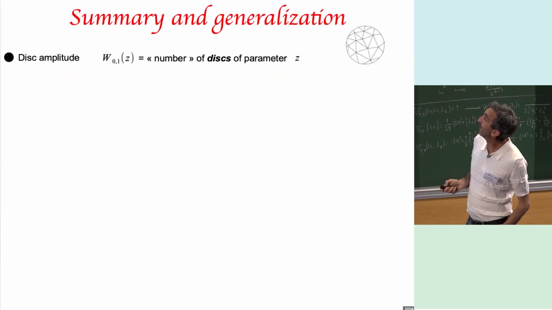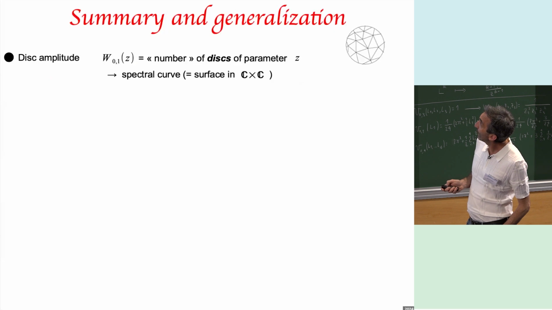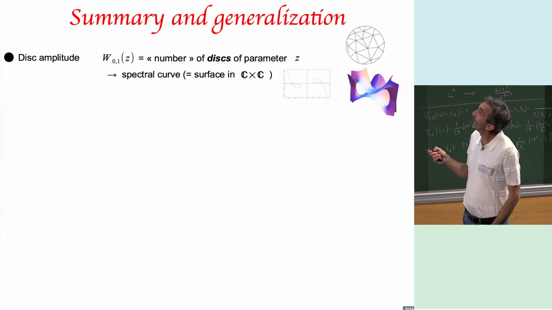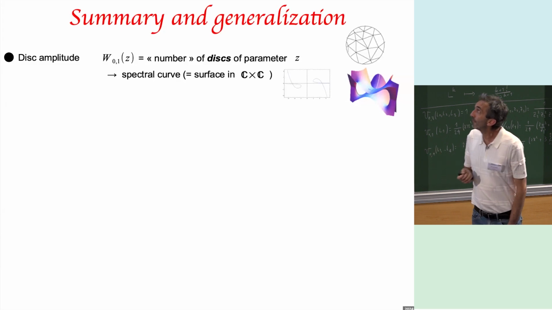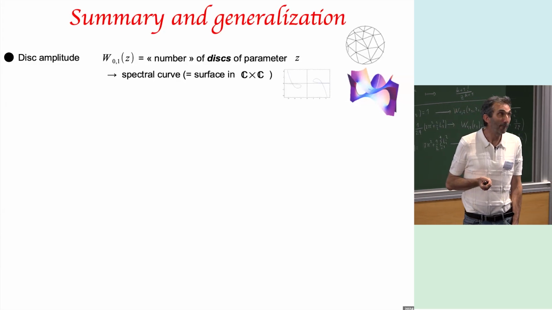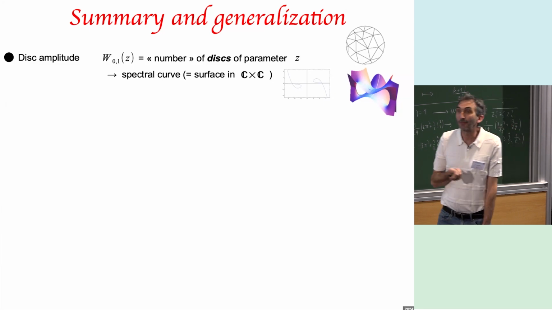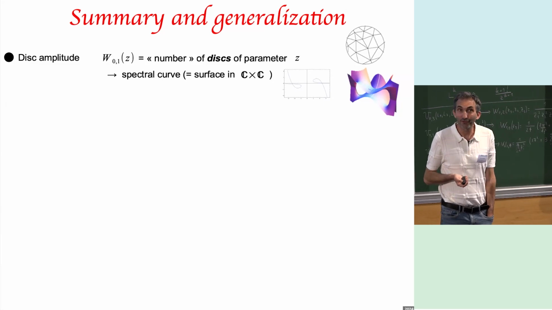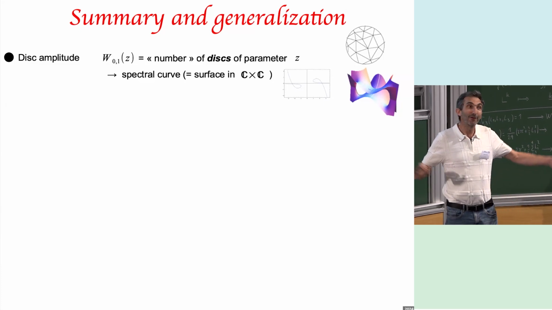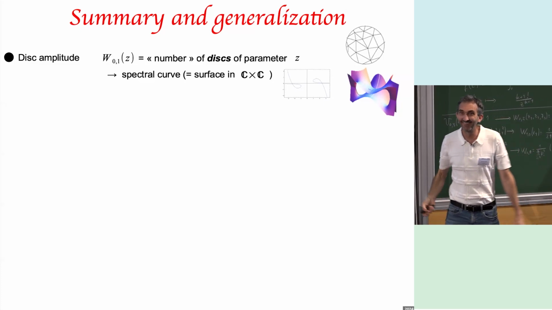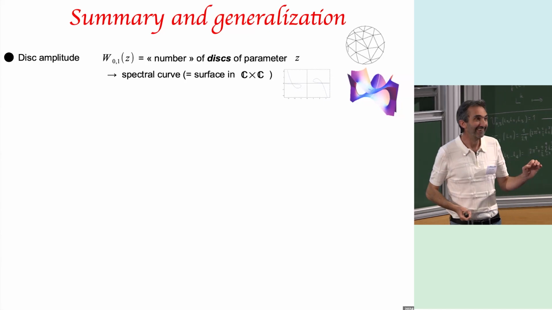So let's summarize. This is for maps. You first compute W01, so planar maps with only one boundary, and this one is not given by the recursion. It will be the starting point of the recursion. So this one, W01, is given by, whatever.